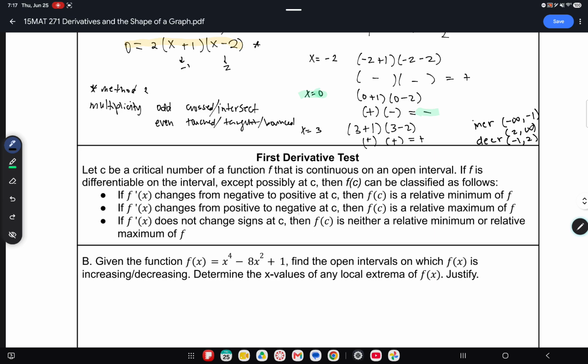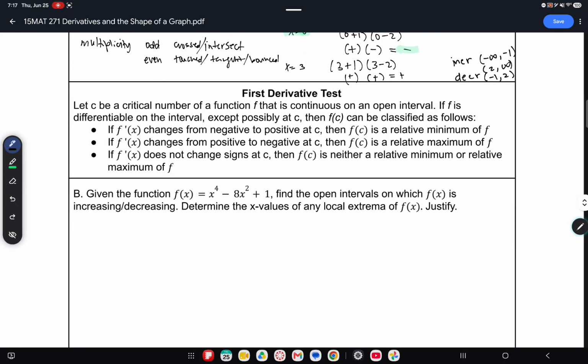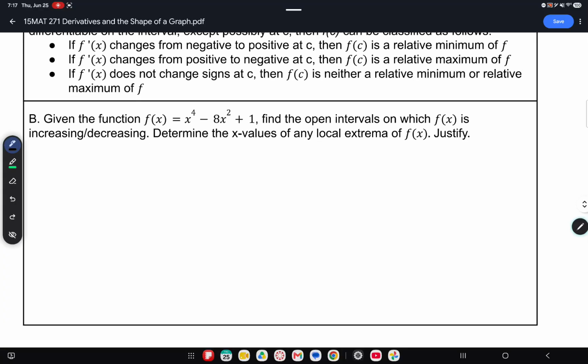If we change from positive to negative, then we have a maximum. If it doesn't change at all, then it's neither. So let's do another function, and we'll do the same increasing and decreasing, but then we'll look at those critical values and find out, are they maximums or minimums or neither?